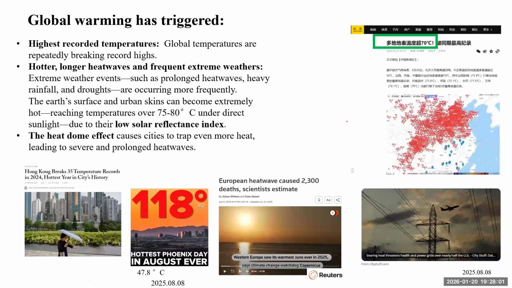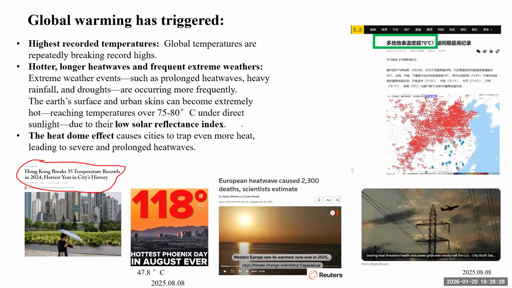So not only the highest recorded air temperature. This is the news: Hong Kong broke 35 temperature records in 2024, the hottest year in the city's history. And sure, last year is still the hottest compared to 2023.